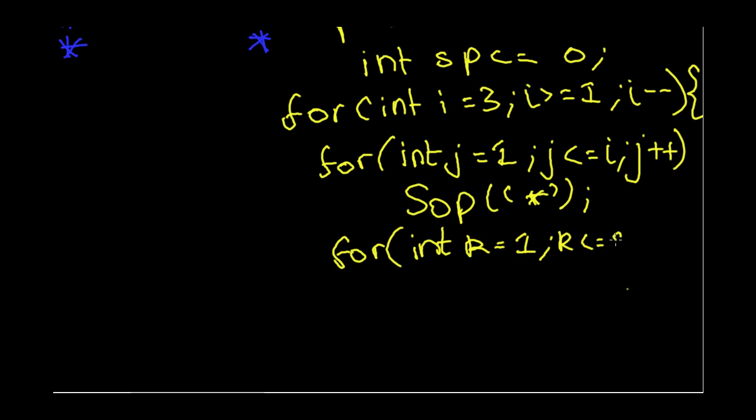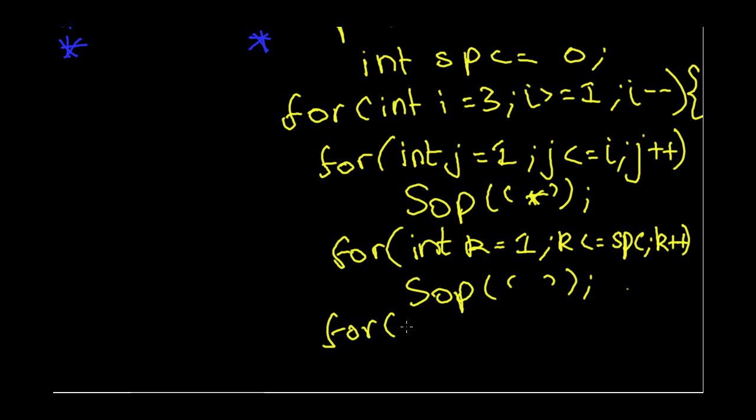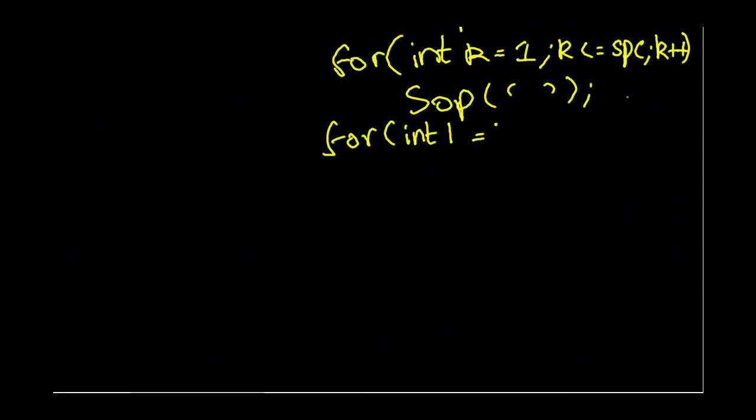K less than or equal to spc, k plus plus, empty space, L equals 1, L less than or equal to, I'm sorry guys, L equals I. Oh, really sorry guys, it's the same loop that was out here, 3 to I.